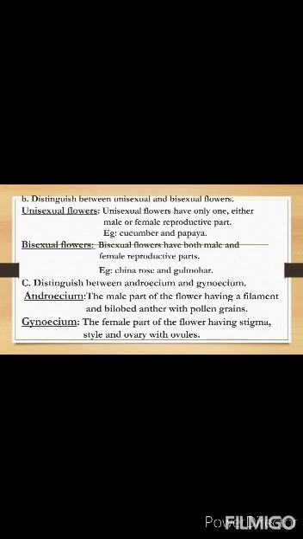Example, China rose and gulmohar. Next, distinguish between androecium and gynoecium. Androecium, the male part of the flower having a filament and an anther with the pollen grains. Gynoecium. The female part of the flower having stigma, style and ovary with the ovules.